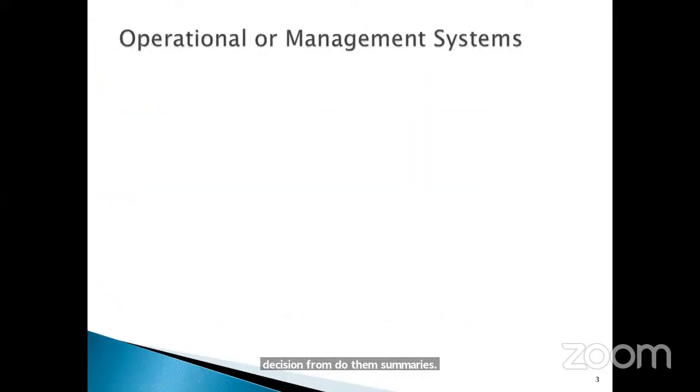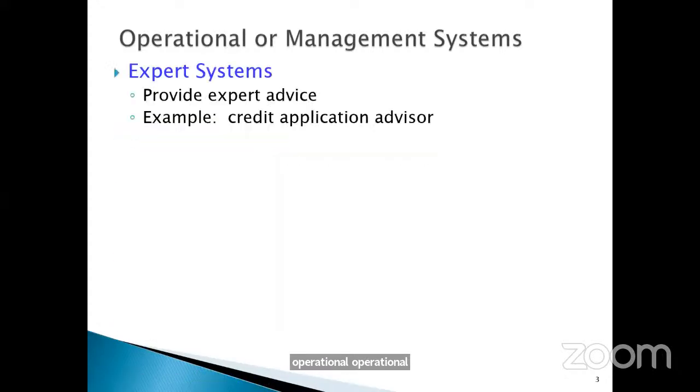So the other thing we want to look at is called the operational or management systems. An example of this is an expert system. An expert system is a subtle example of a chatbot in the AI ecosystem today.